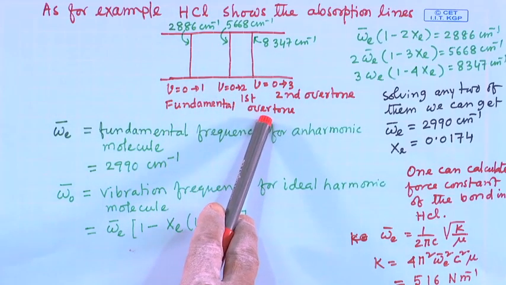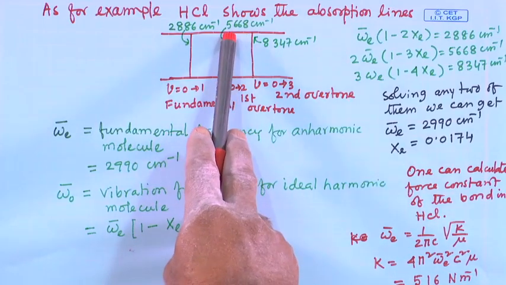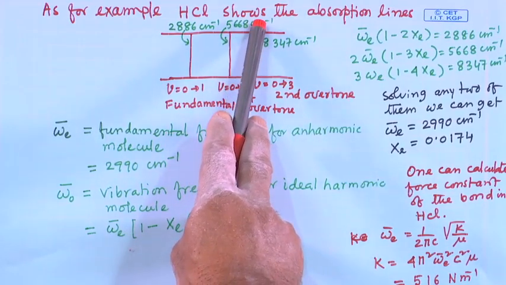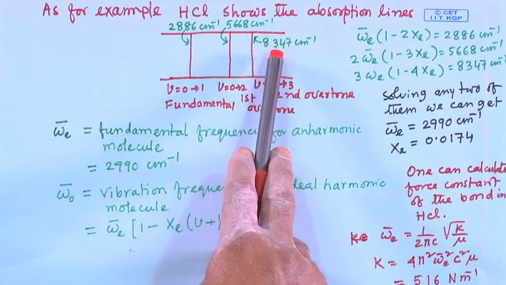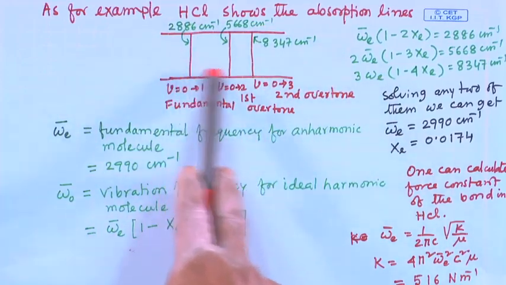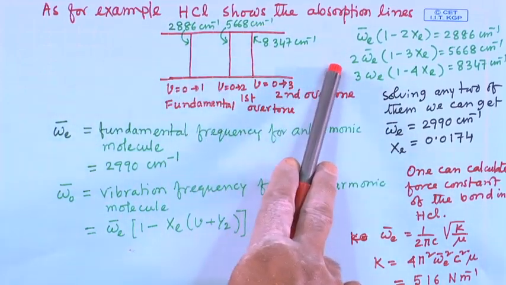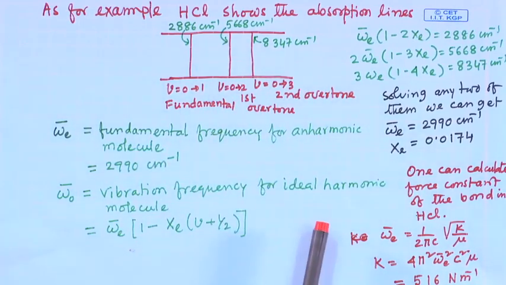For the first overtone, the wave number is 5668 centimeter inverse, and for the second overtone, 8347 centimeter inverse. So, these are experimentally measured data for HCl molecules.